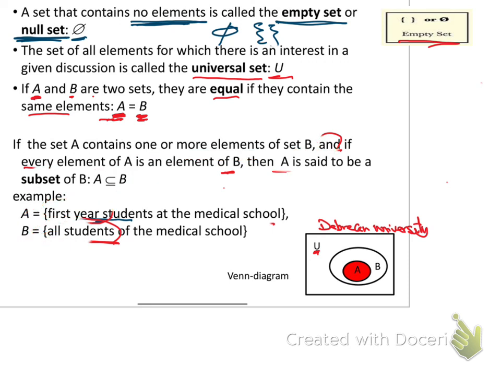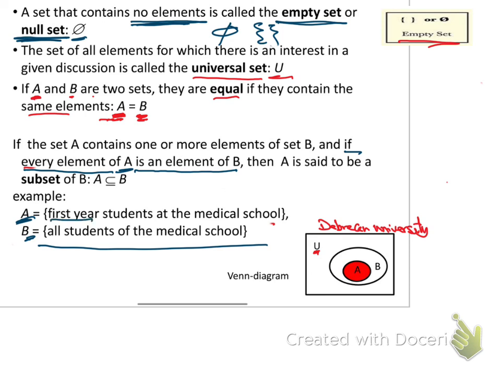So it could be enough to read it as: if every element in set A is an element of set B, first year in the medical school, and this is all the students, so every element here is in, then this is enough. But someone will say, in this year I don't have any student in the first year, so does that remain a subset?